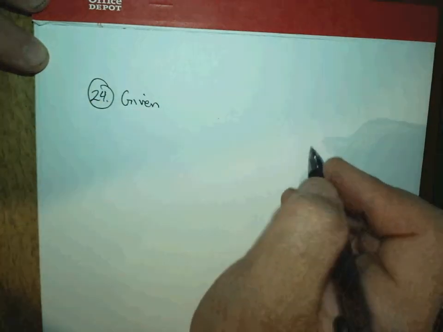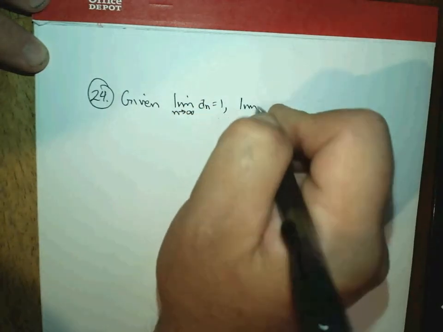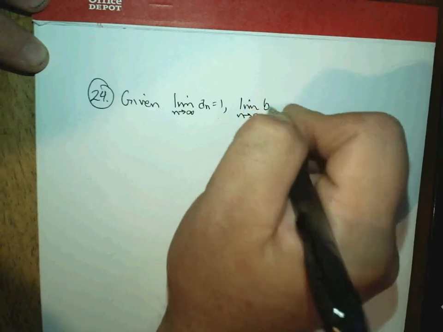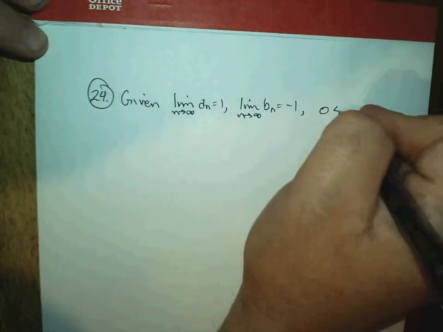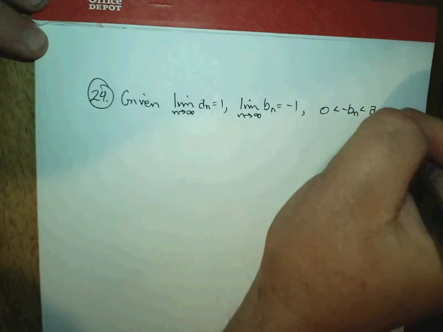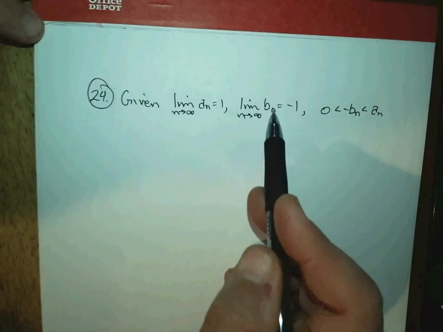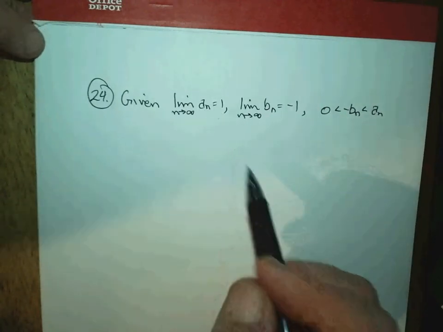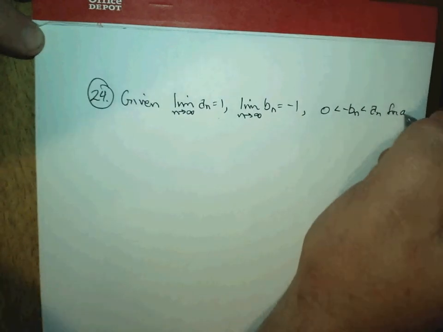In 24, we're given that the limit of A sub n is 1, the limit of B sub n is negative 1, and the negative of B sub n is less than A sub n. Okay, so in other words, the absolute value of the B sub n terms is smaller than the A sub n values. That's another way to say that. For all n.